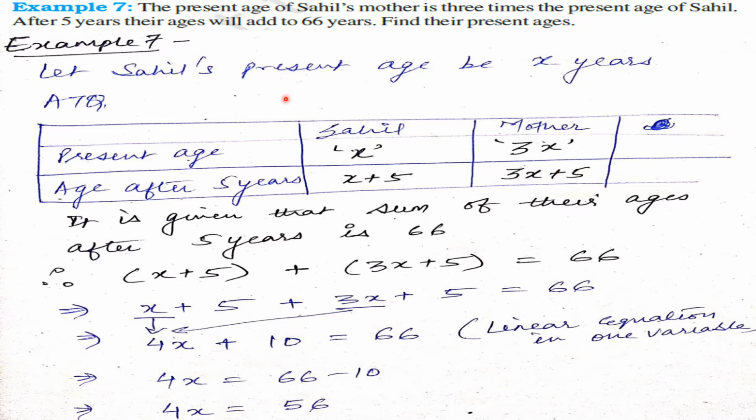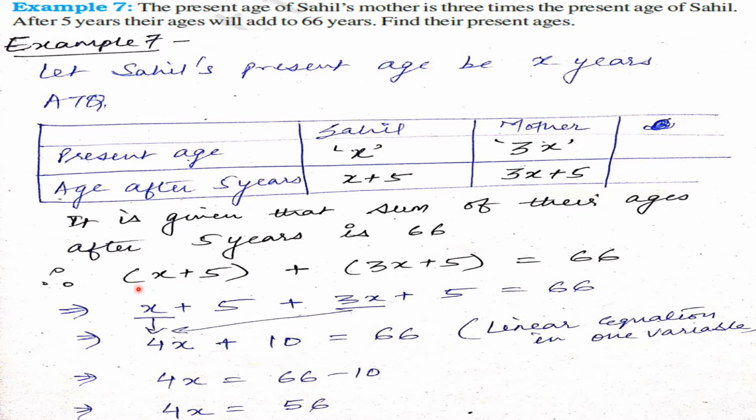Now, according to the question, after 5 years, their ages will add to 66 years. So this means if you add this age of Sahil and her mother, you will get how much? 66. This is the main equation. So, let's try. It is given that the sum of their ages after 5 years is 66.